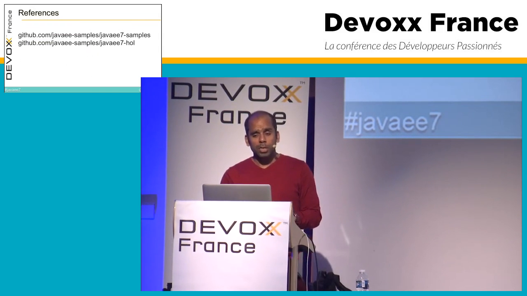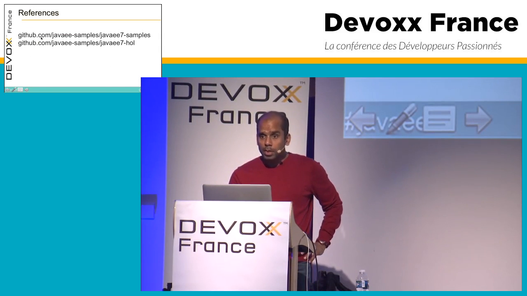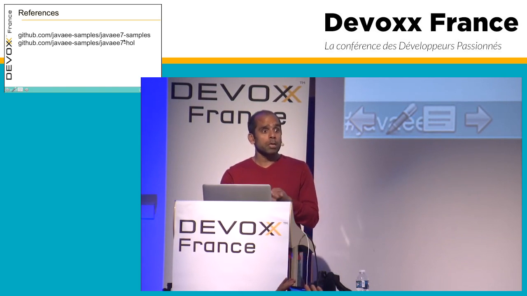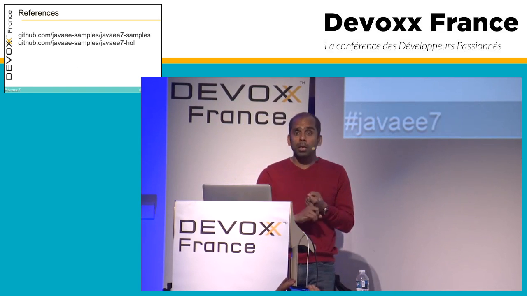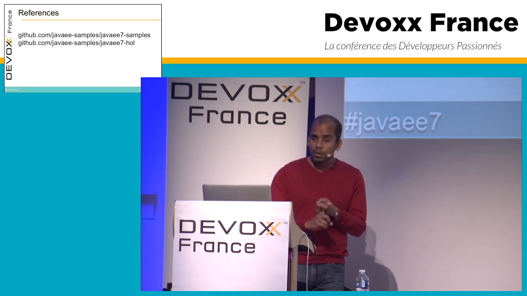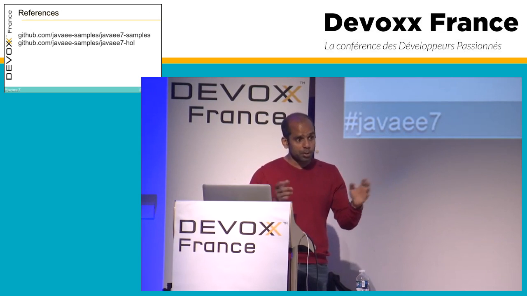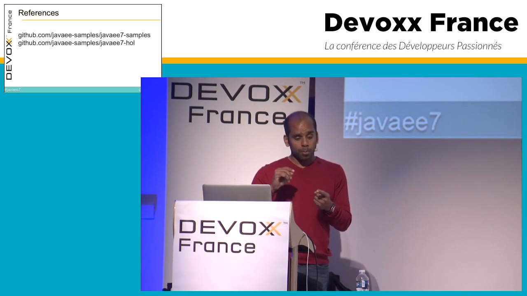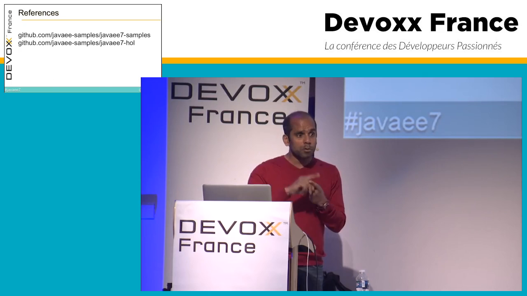Last but not the least, I want to leave you with some pointers. So this is a GitHub repo where there are about 200 samples on Java EE 7. These are not just samples, but these are also your Arquillian tests that run on Glassfish and Wildfly, both the application servers. So we would love to see pull requests.